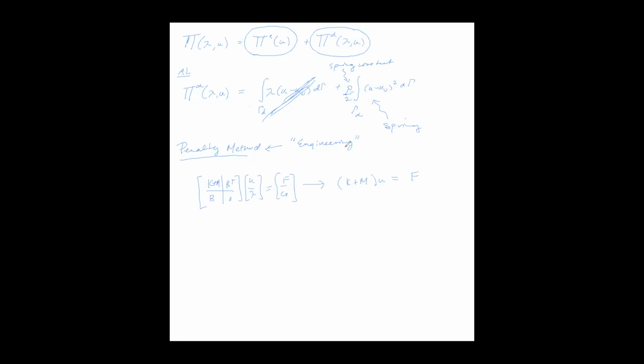Okay, so what is the problem with this, though, is the question that I have. If you wanted to enforce this constraint exactly, so if you wanted u minus u naught to be 0, how big would your spring constant have to be? Infinite.